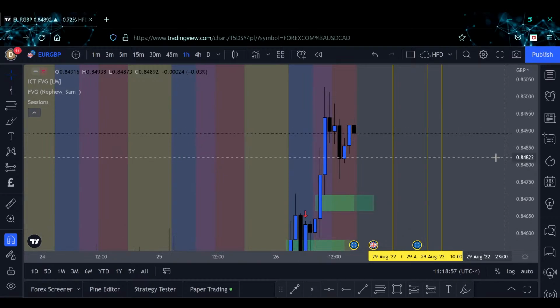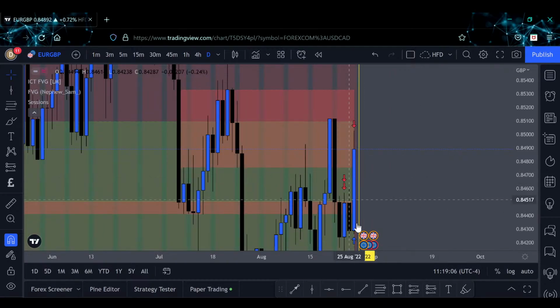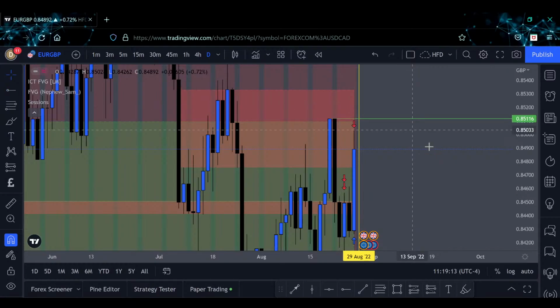And we'll check the daily. Looks like we got a good trade in here. We'll have a look at that recap. Equal highs above. Definitely a target. Strong bullish push up. Target would be here as well.